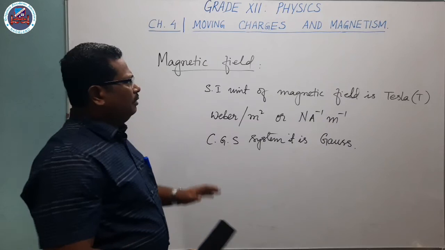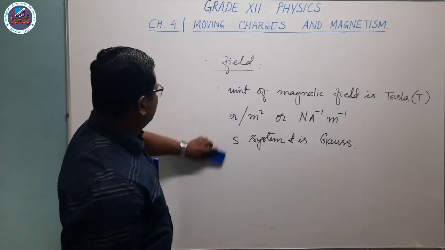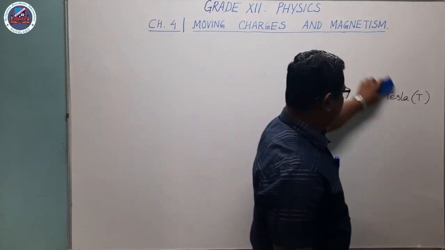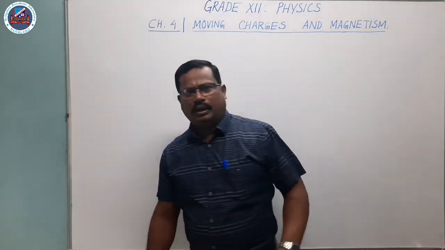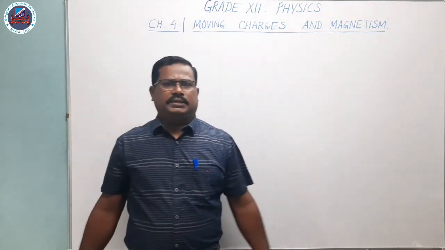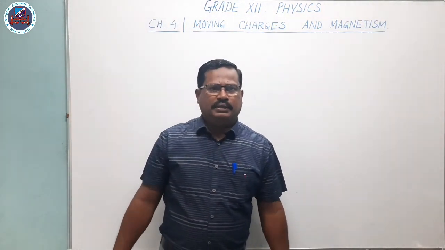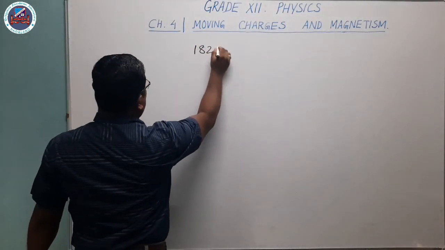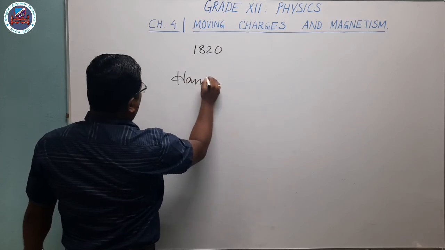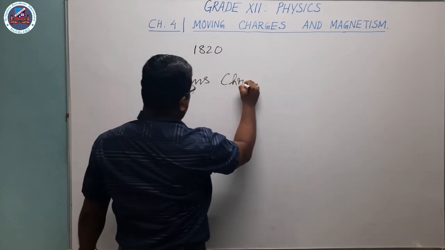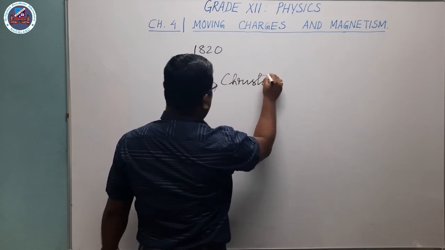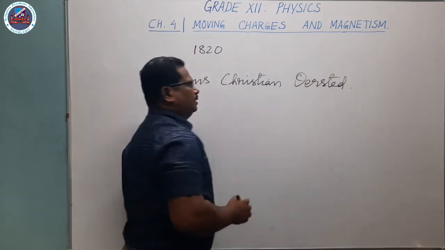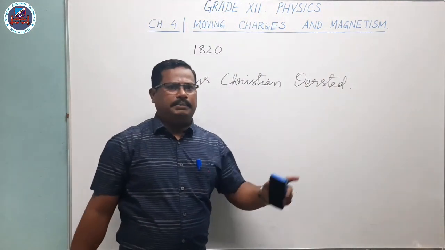For quite long, scientists believed that these two entities, electricity and magnetism, are completely different from each other. They don't have any relation. Until the year 1820, Hans Christian Oersted came across with his experiment.